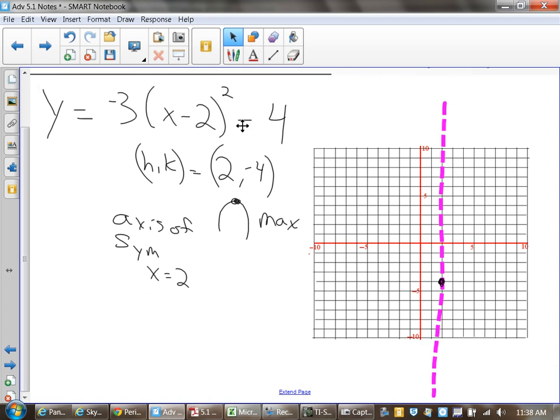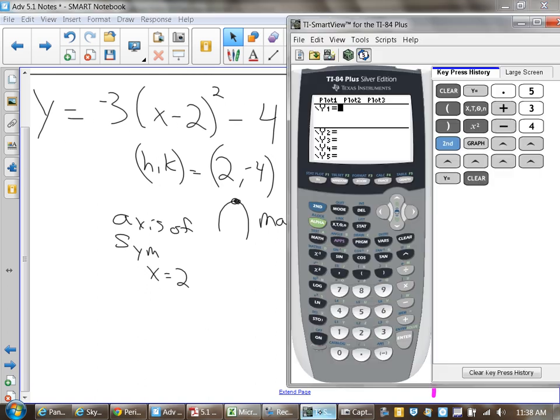We have y equals -3 times the quantity x minus 2 squared minus 4. So -3, parentheses, x minus 2 quantity squared minus 4.